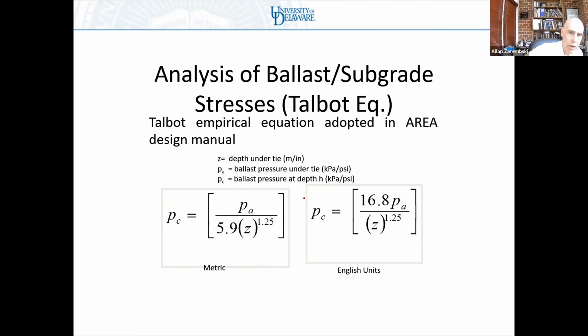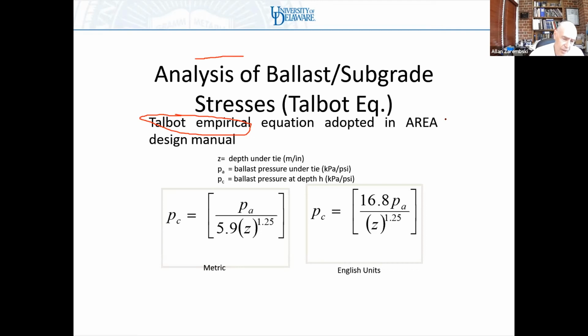So that's one way of calculating it. A second way of calculating it, in fact, the one I'm probably going to have you do most of the time in this class. When I give you a problem in this class, I'll tell you which approach I want you to take. But there is an empirical equation called the Talbot equation that was developed with about 40 years worth of testing.